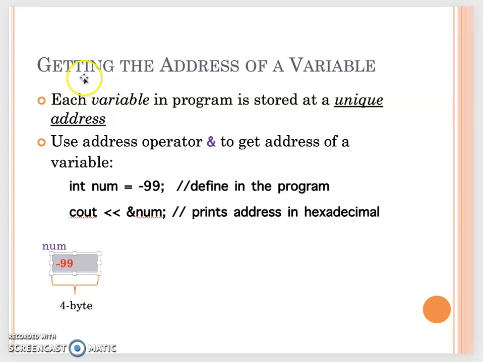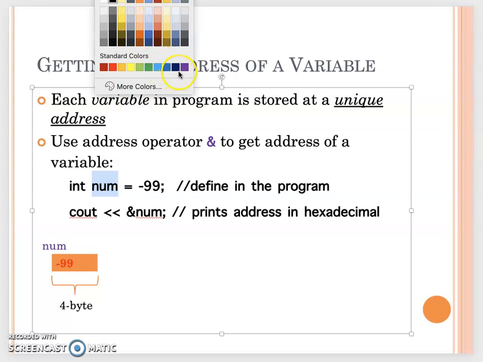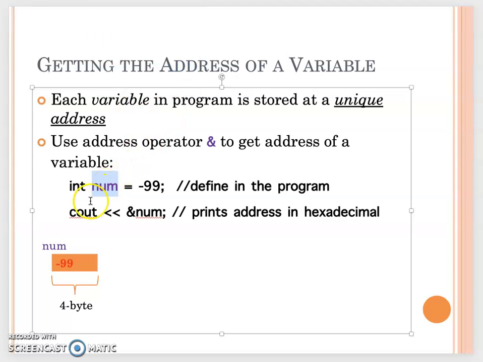So when we say get the address of the variable, that will be different, because usually when we access the variable, by default the compiler will read the value.